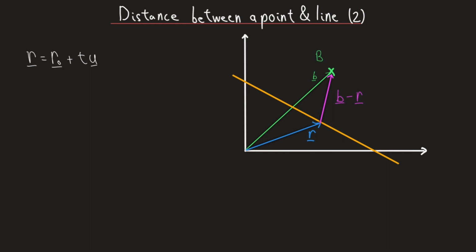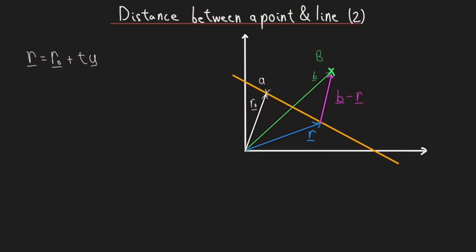So for example, say we know a point on our line, A, and therefore r naught will be the vector joining the origin and that point A, for which we know its coordinates. So here we have r naught. And as we said in the previous video, the reason why we consider the difference b minus r is because it joins our point B with any point on our line.